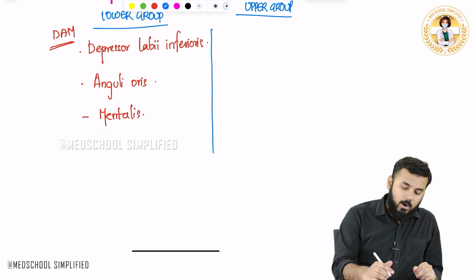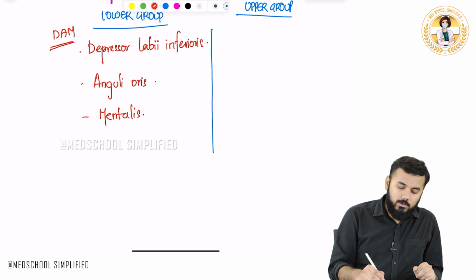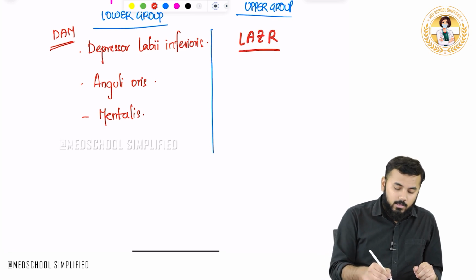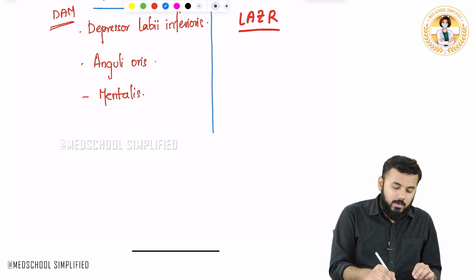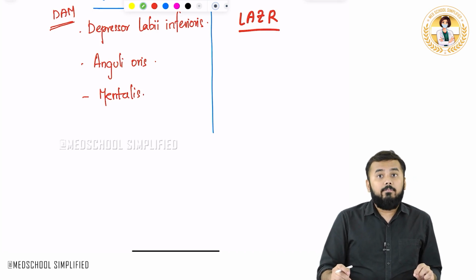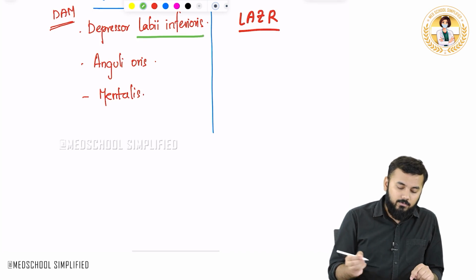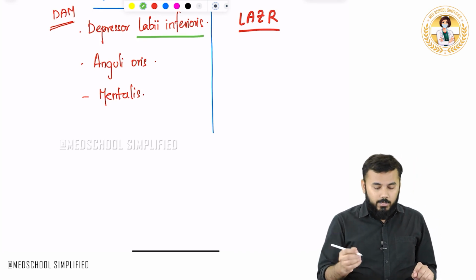Now, next important thing is coming to the upper group. In the upper group, how do you remember these muscles? You just remember the mnemonic LAZR, L-A-Z-R, laser, okay. Now, what does L stand for? L stands for levator labii superioris. Previously it was labii inferioris, now it is superioris, okay.